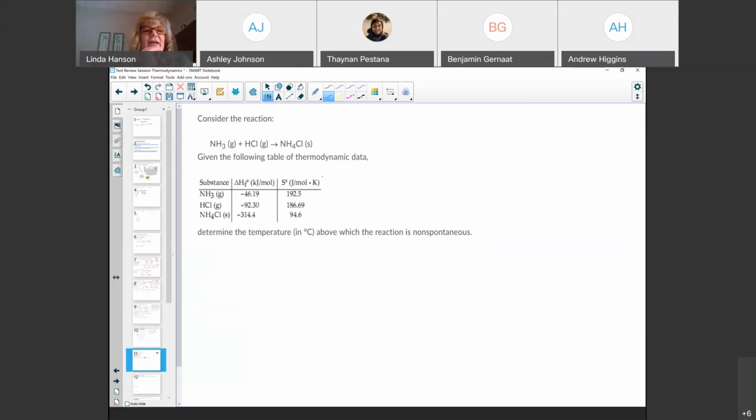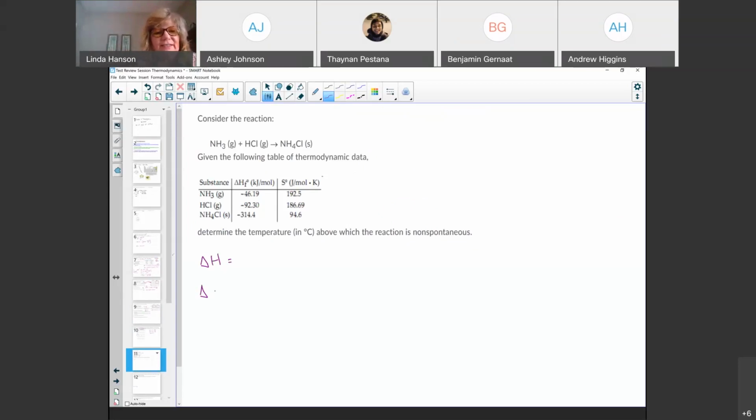Let's see, here's a reaction. Given thermodynamic data, determine the temperature in Celsius in which the reaction is non-spontaneous. So I have a reaction given to me. And it looks like what we'll have to do, of course, is find delta H by doing products minus reactants.